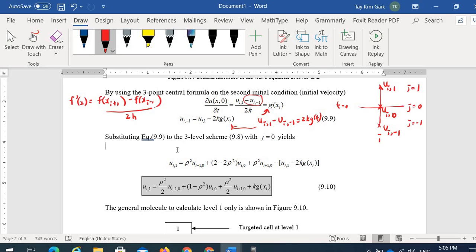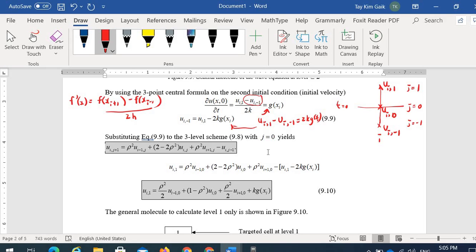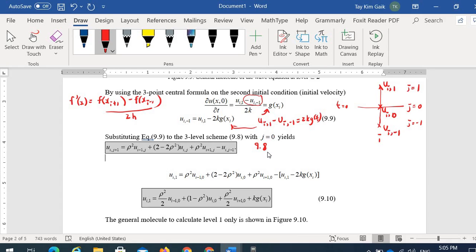This is 9.8. Okay, because this is general u_(i,j+1). Now we are at the specific case when t equal to 0, j is equal to 0. That's why we will substitute j equal to 0.